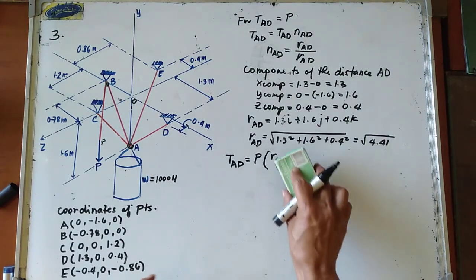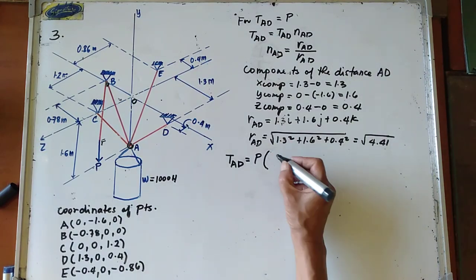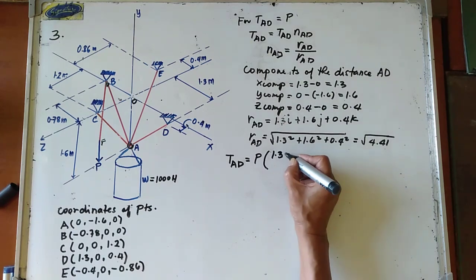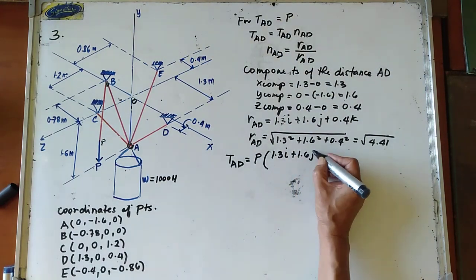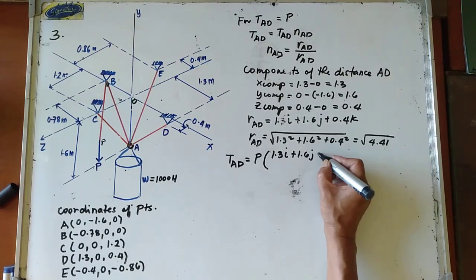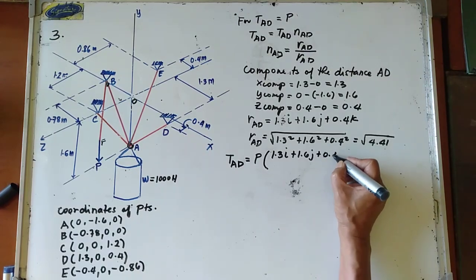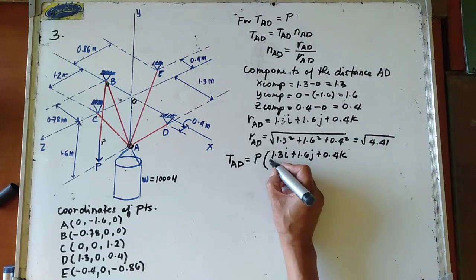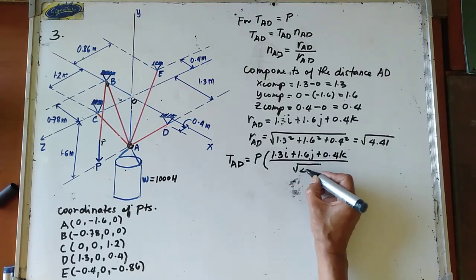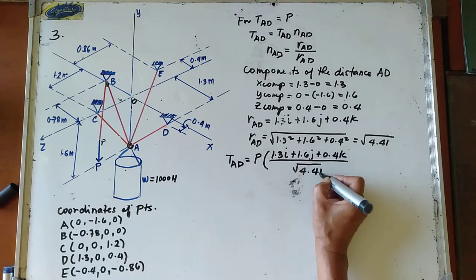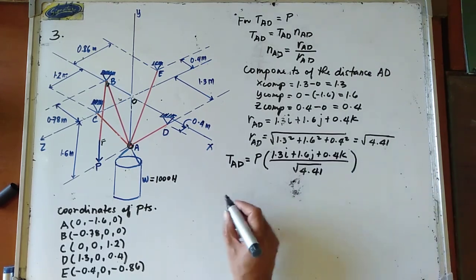So that is 1.3i plus 1.6j plus 0.4k over the square root of 4.41.